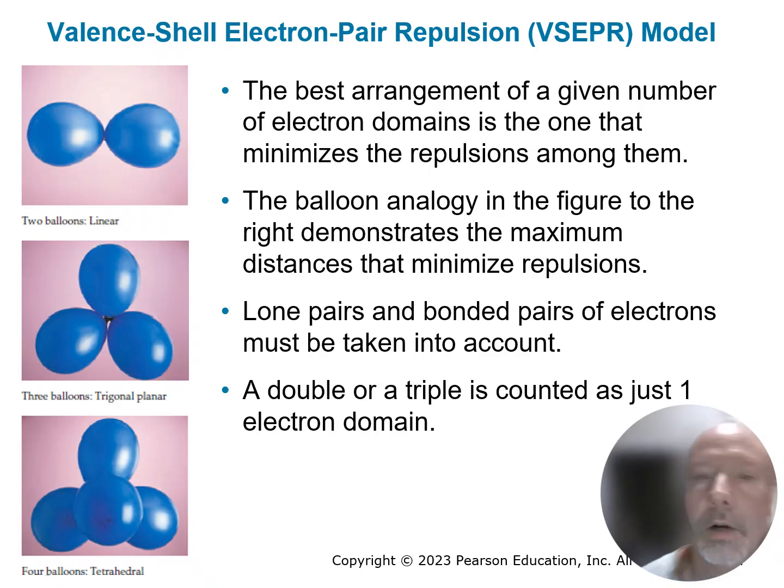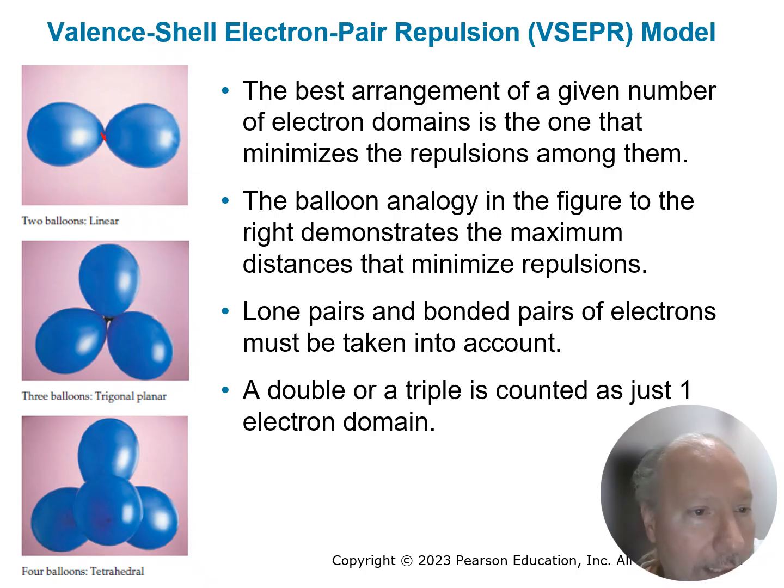Valence shell electron pair repulsion model. What do we have going on here? If we use balloons as an analogy to help us, we can just look at the electron domains. We don't know if they're bonded or non-bonded. It doesn't matter here at first.